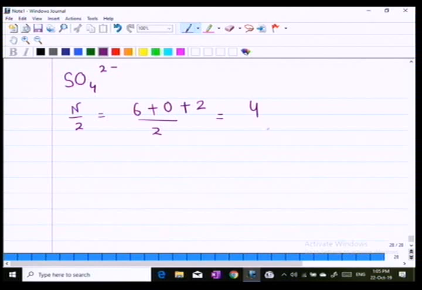This is 4. For the 4, answer is sp3. So guys, answer would be sp3. I have told you that do not count the oxygens while determining the n/2 if it is not the central atom. Those who got the sp3d2, I think they have definitely used the oxygens.